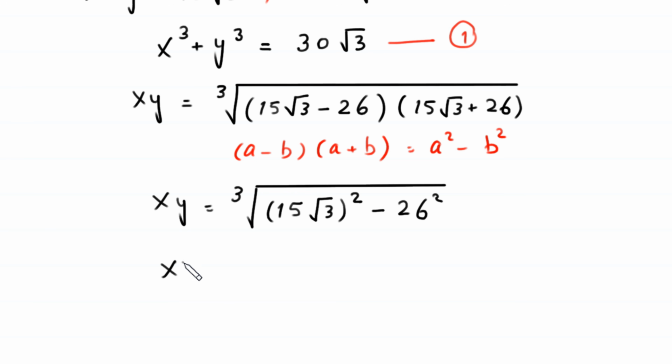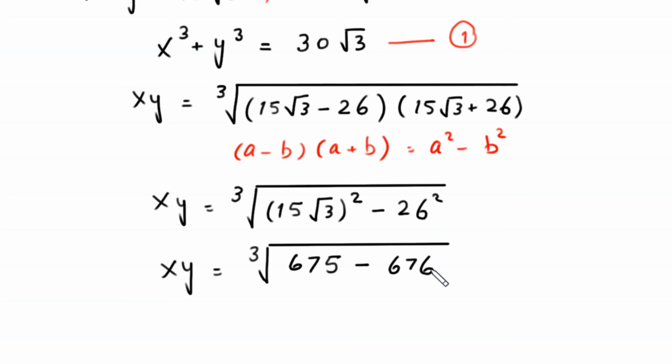Next, x times y is equal to the cube root of this: 15 squared is 225, and 225 times 3 will become 675, minus 26 squared, which is 676.